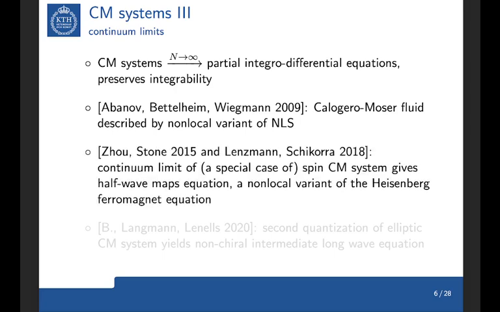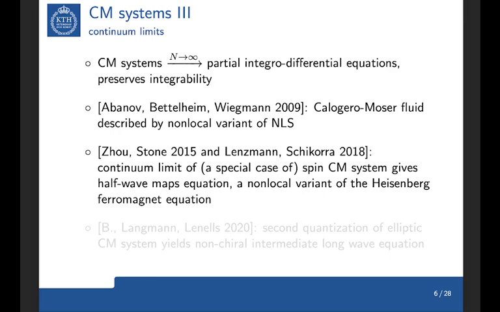Zhou and Stone and Lenzman and Schikorra independently studied the continuum limit of a special case of a spin CM system, namely the rational spin CM system, which is called the Haldane-Shastry spin chain.